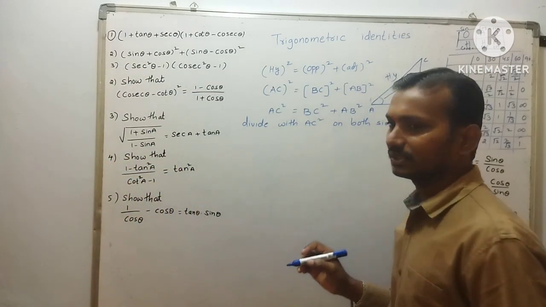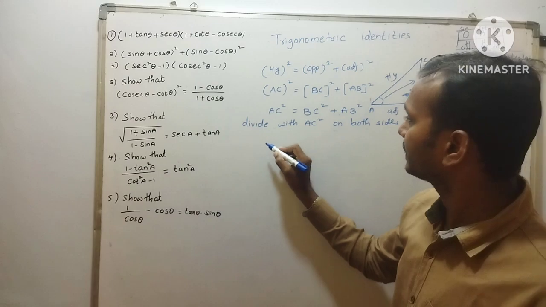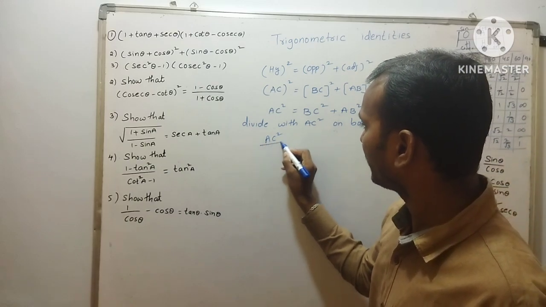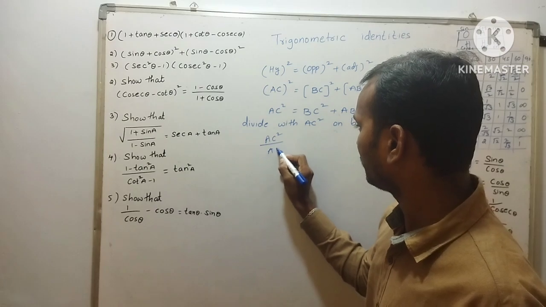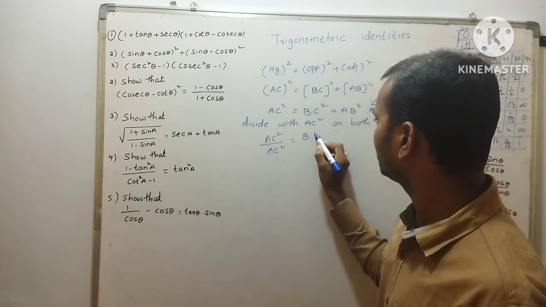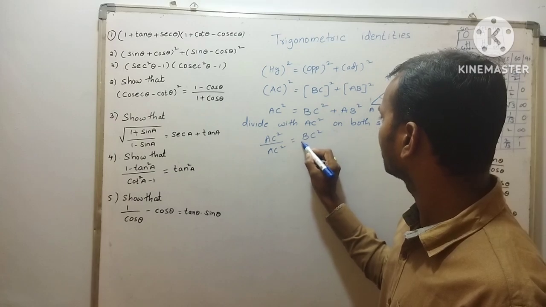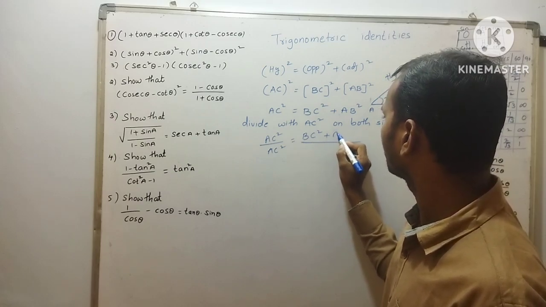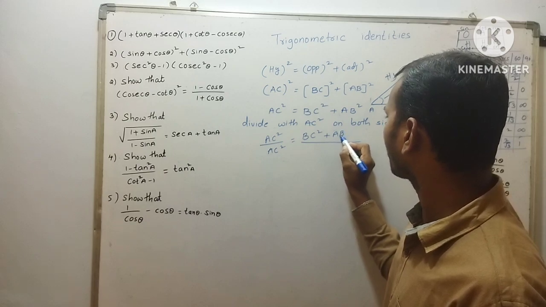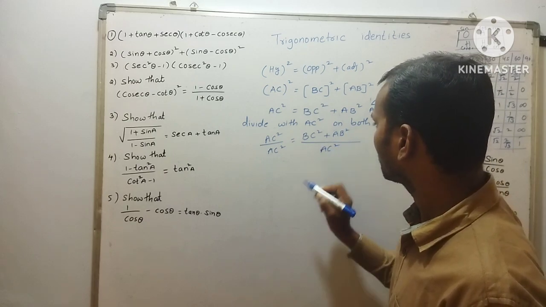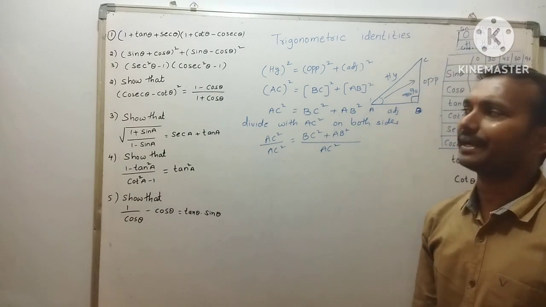AC square by AC square is equal to BC square by AC square plus AB square by AC square. Left side we are dividing with AC square, as well as the right side.